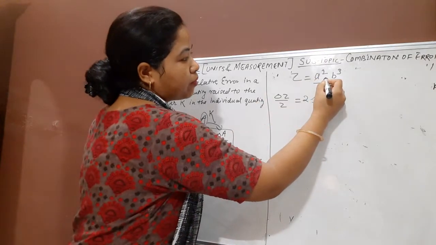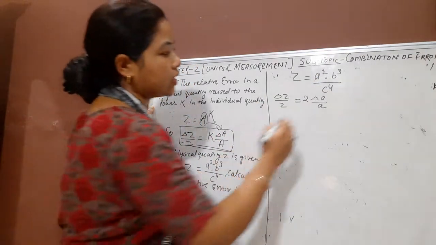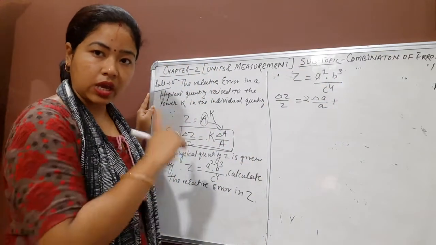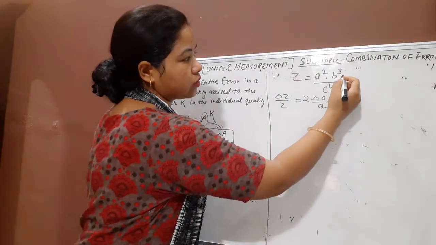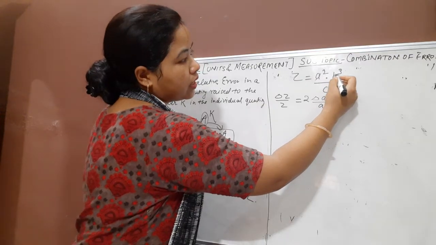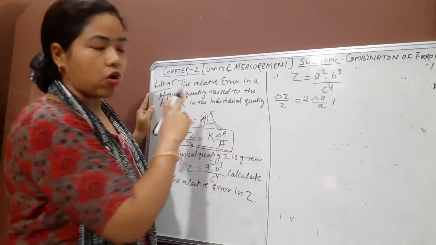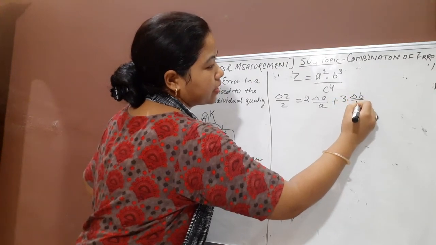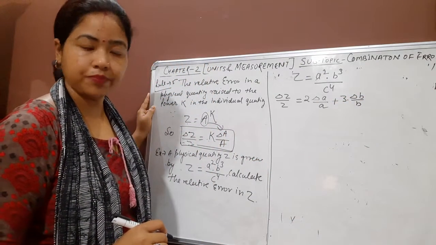Now there is a product sign between the a and b quantities, so this product sign will be converted into a positive sign, according to the third and fourth rule. Now this quantity again, according to the fifth rule, the power will be multiplied and that value can be written in terms of relative error, right?